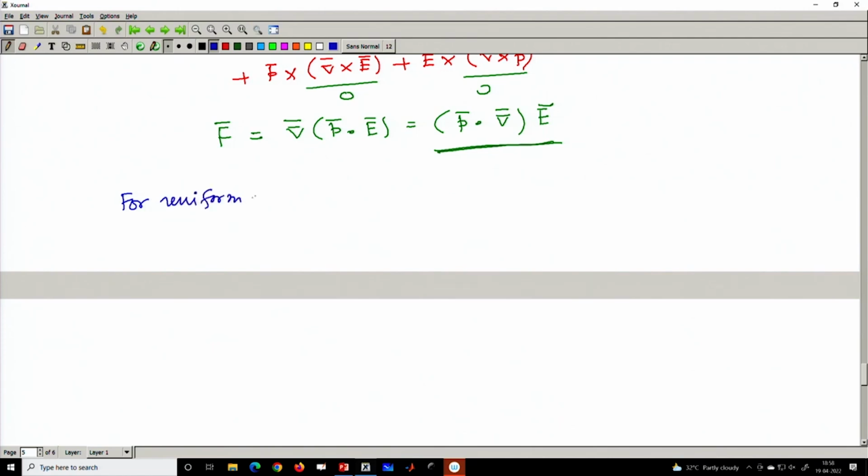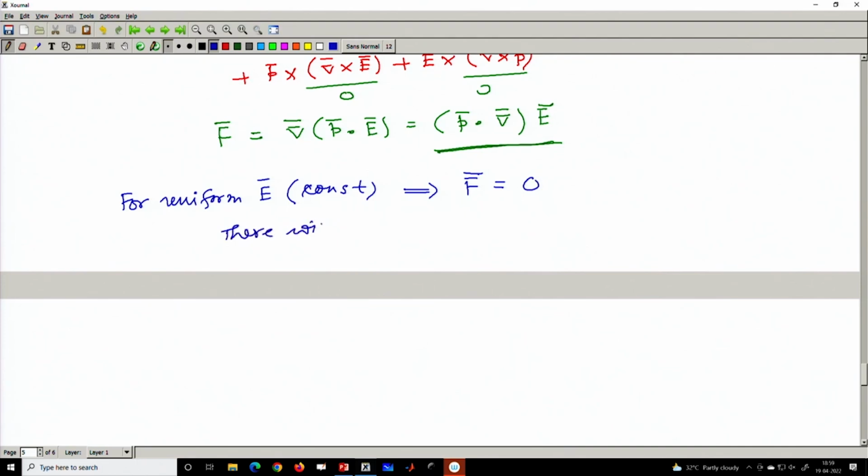Uniform E means it is simply constant, then this operator over a constant simply gives 0. So, that means I should have F to be 0. So, what is the conclusion? The conclusion is there will be no translation motion of the dipole.